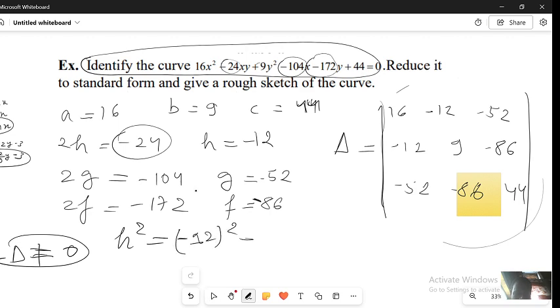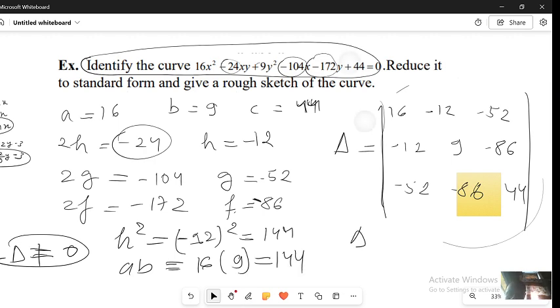Now let me determine the value of AB: A multiplied by B, 16 multiplied by 9, is going to be equal to 144. I see that delta is different from 0 and h square equals AB. This one is the condition of what? Parabola. Now I have already determined and identified the curve.